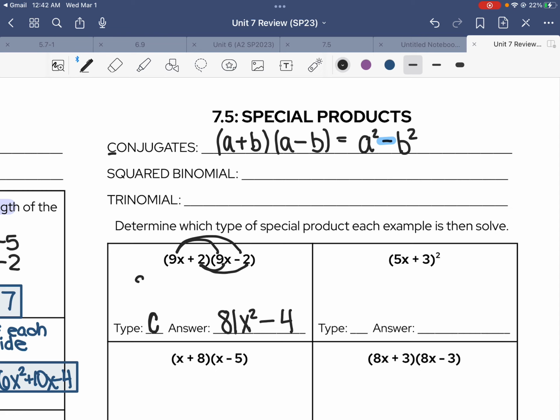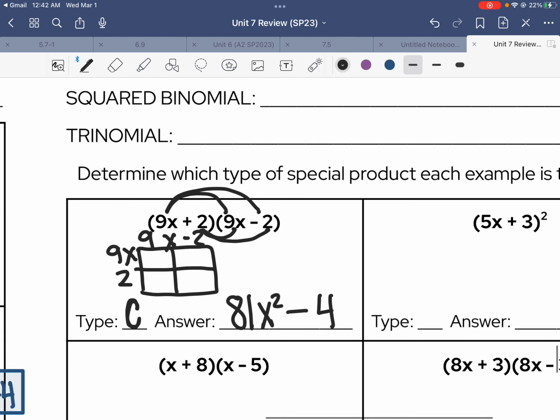Or you can go ahead and set up the box method with 9x plus 2 and 9x minus 2. What's going to end up happening is 9x times 9x is 81x squared. 9x times negative 2 is negative 18x. 2 times 9x is positive 18x.